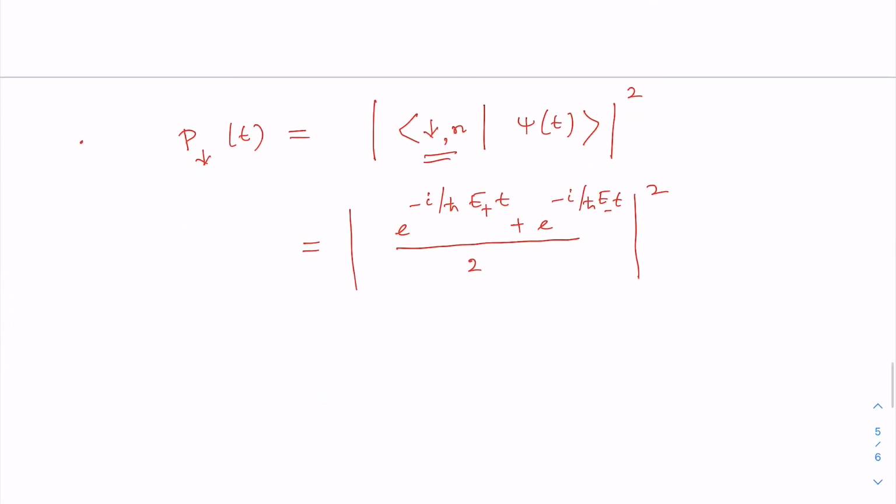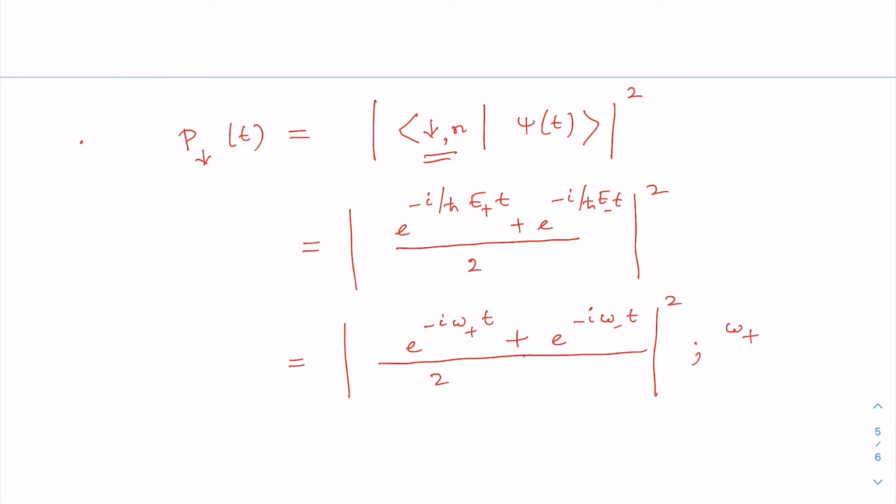Let me write it in a simpler form: 2 e to the power minus I omega plus t plus e to the power minus I omega minus t, mod square. Here omega plus minus is basically E plus minus by h cross.